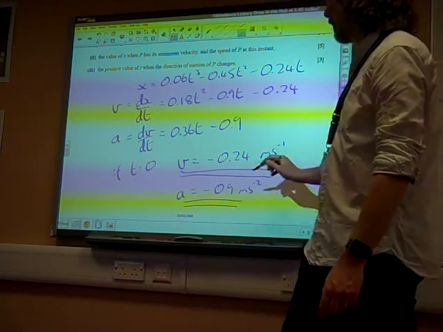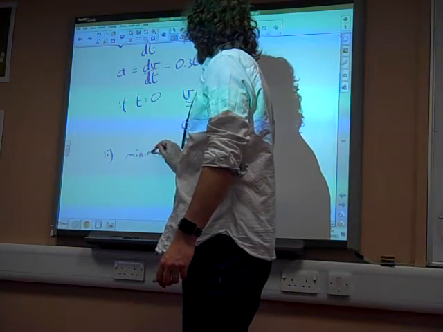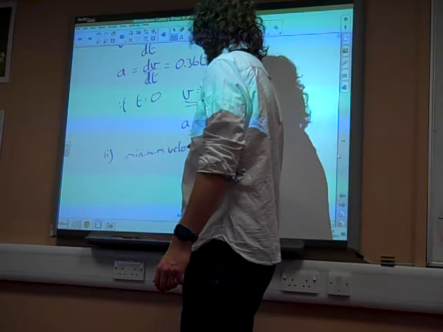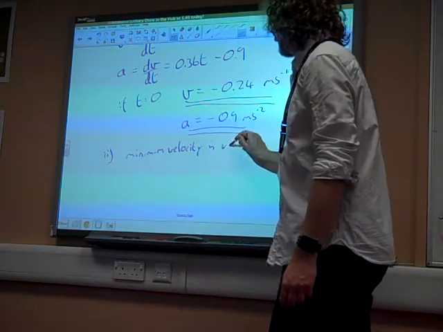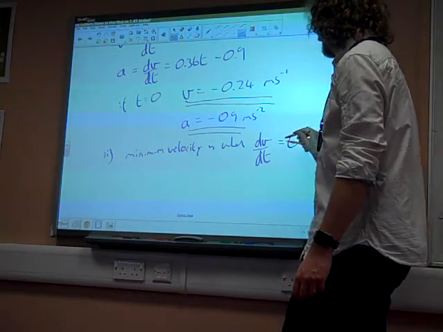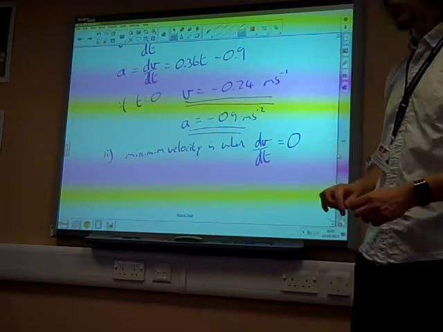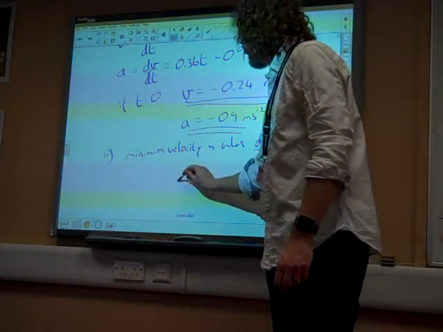So the minimum velocity occurs when the acceleration, dv by dt, equals 0. So we're interested in what happens when dv by dt is 0.